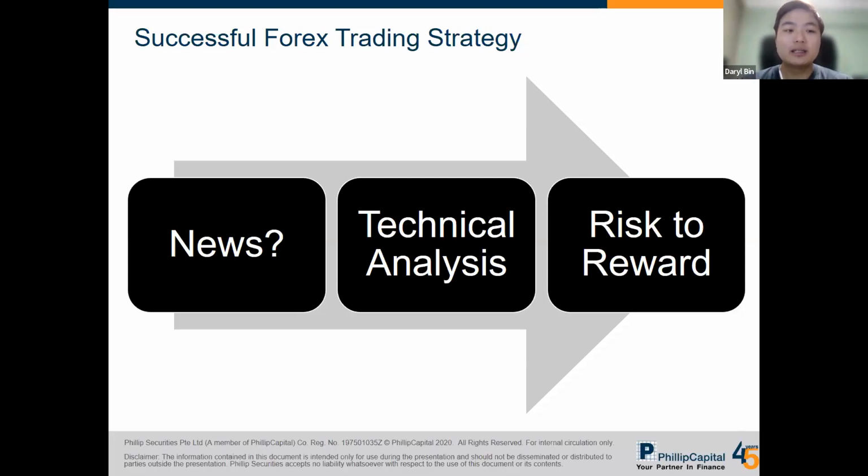The second thing is the technical analysis. Like what I mentioned earlier on, we have to analyze the pair's sensitivity to a particular level. We will analyze the pair based on technical analysis, such as trend lines, candlesticks, moving averages, and other indicators, depending on the type of indicator you like and what is suitable for your strategy.